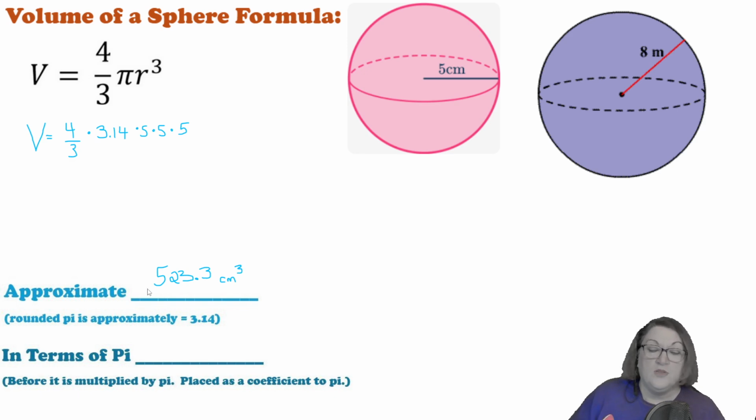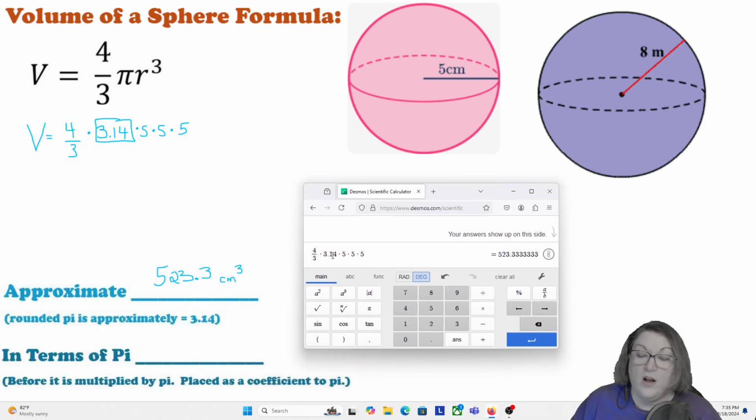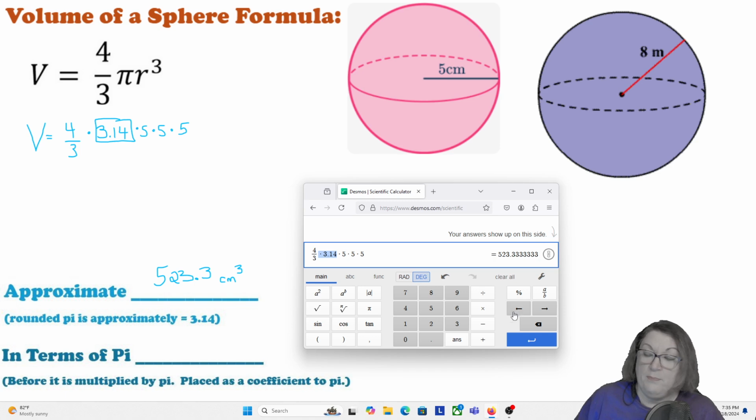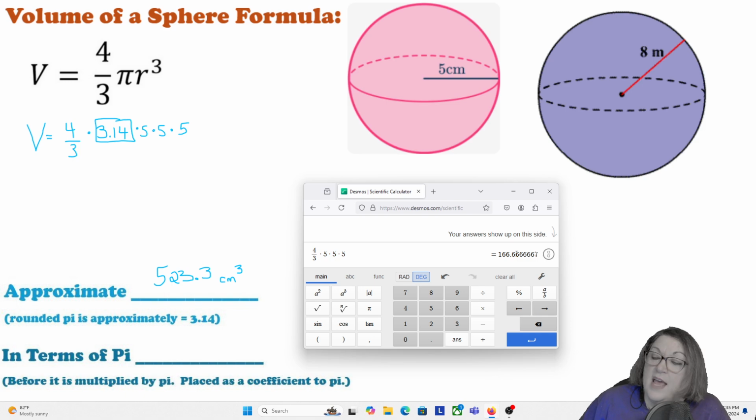And then, of course, when we do the in terms of pi answer, we are not multiplying it times pi here, but we are doing everything else that the formula says to do. So let's take what our calculation is, and let's just remove this times pi part out. And we end up with 166.6, and the 6 here in the hundredths place is greater than 5.